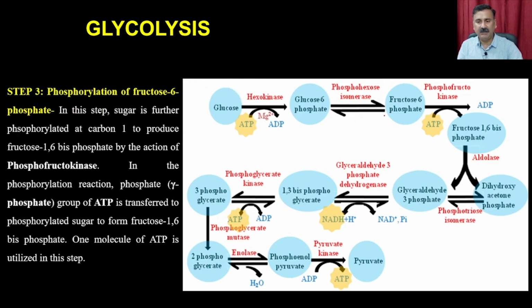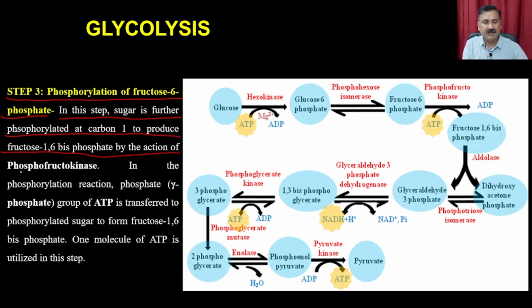Now in step 3, you are going to do the phosphorylation of fructose 6-phosphate. In this step, the sugar is further phosphorylated at carbon 1 to produce fructose 1,6-bisphosphate by the action of the enzyme called phosphofructokinase.